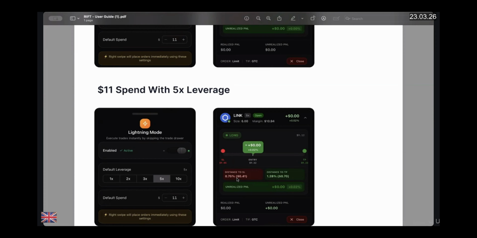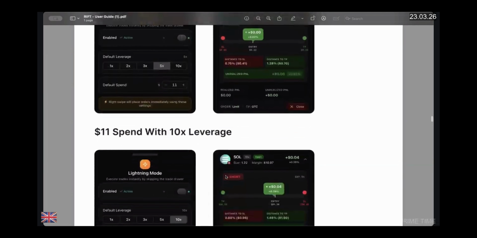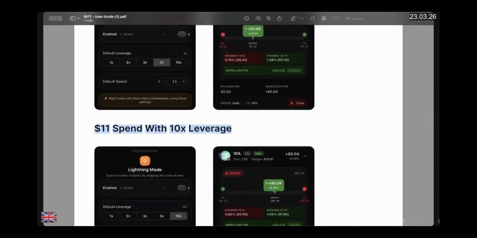The same amount of money can make you a bigger profit, and the same amount of money can keep you safe with a bigger stop loss, so that in any circumstance, if the market goes south, your funds are safe.